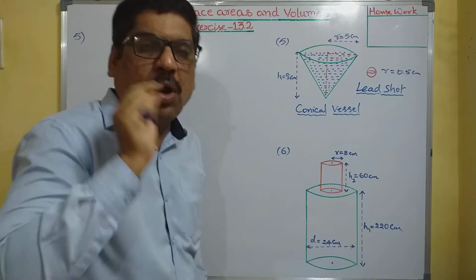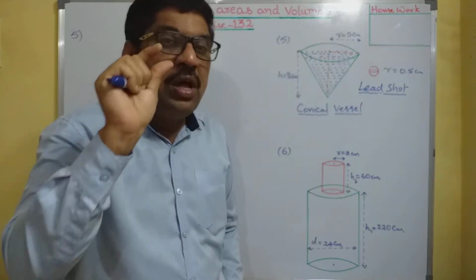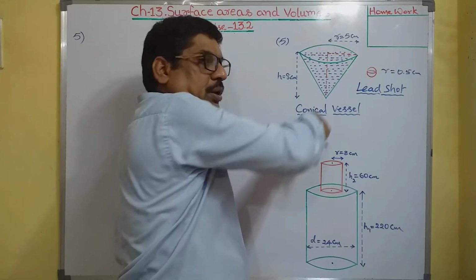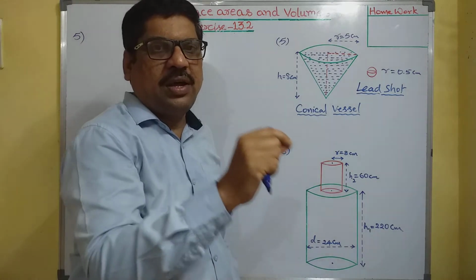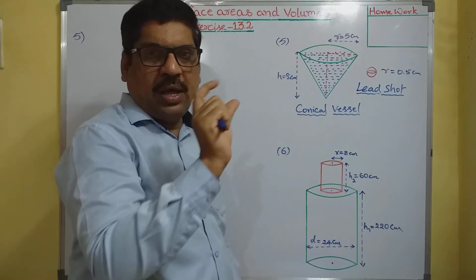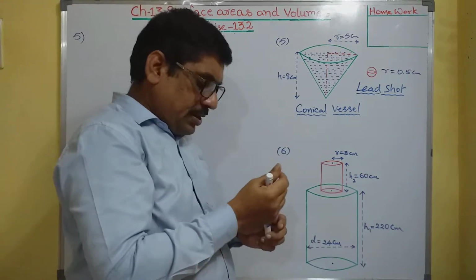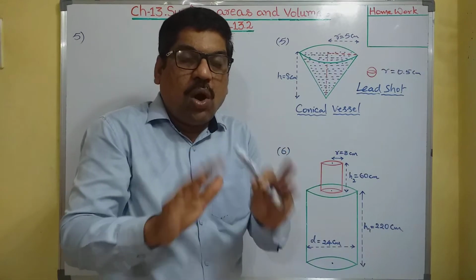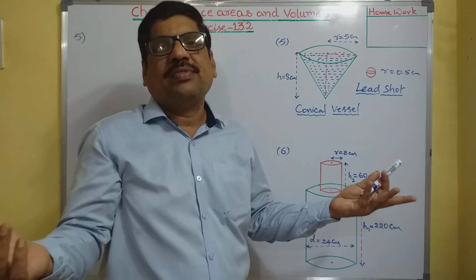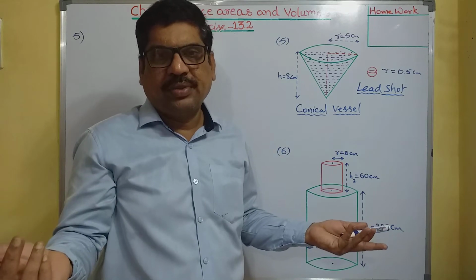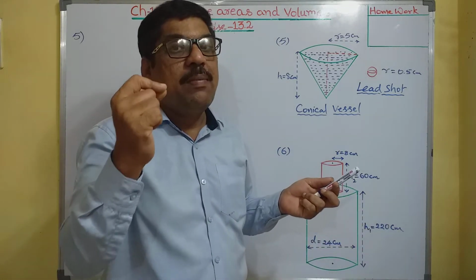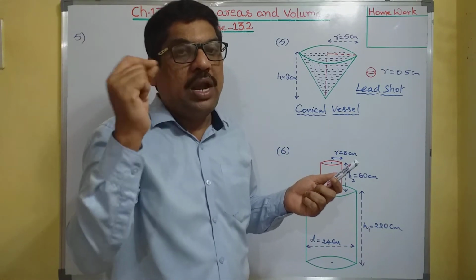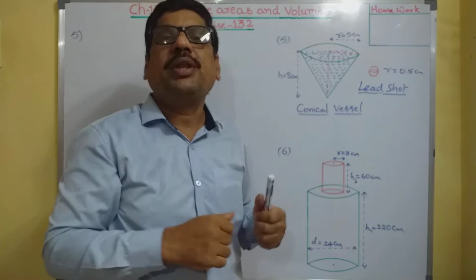Those lead shots are dropped into the water in the conical container, then 1/4 of the water is displaced, meaning overflowed. Then we need to find the number of lead shots dropped into the water.